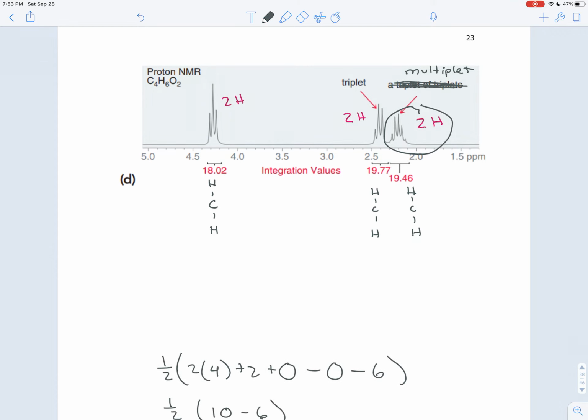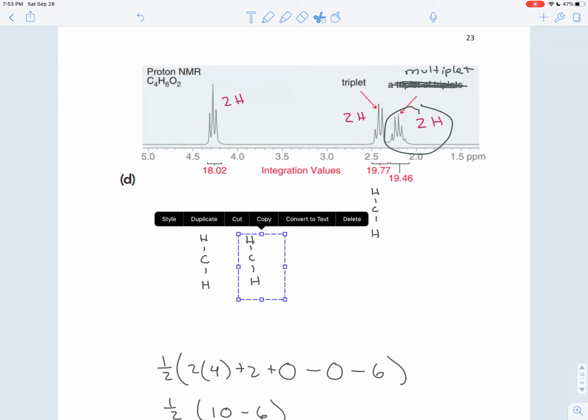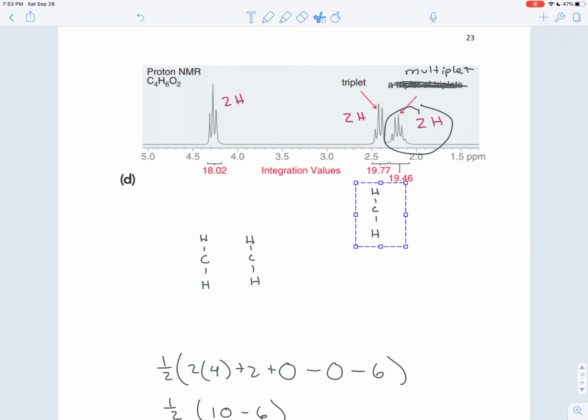So, for example, we could take this here, this CH2, and we could say, okay, that has to have 2 hydrogens around it.